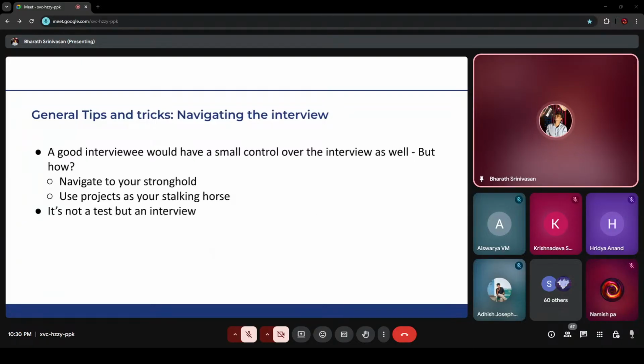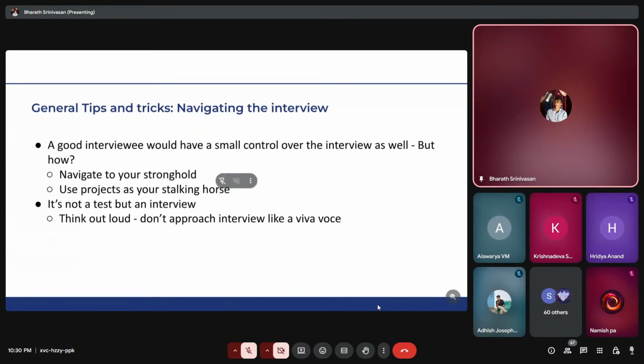Then the second is, it's not a test but an interview. This is the first point I mentioned earlier. Most people take it as a viva. It's not anybody's fault. We are all new to a company interview. I think Synopsys was the first recruitment interview that I approached as well.